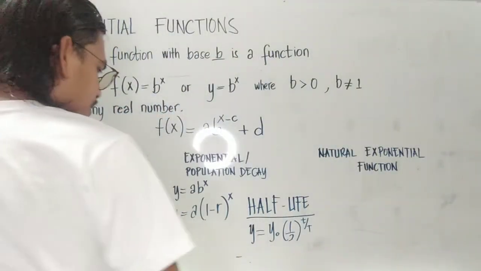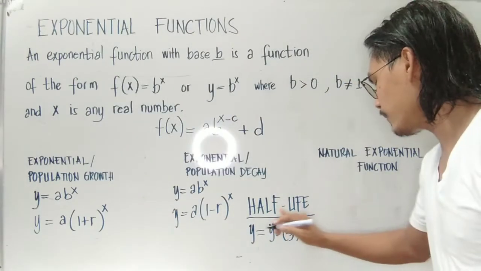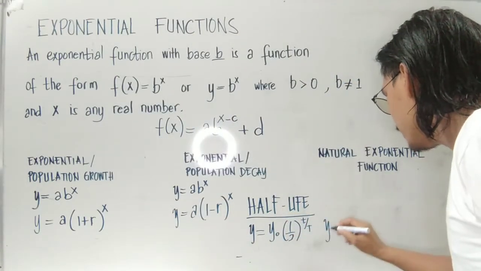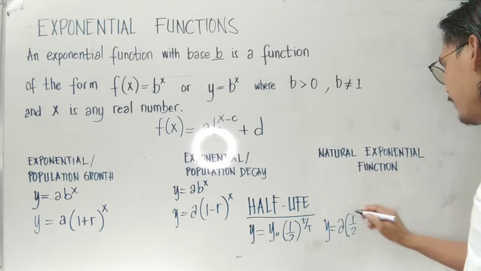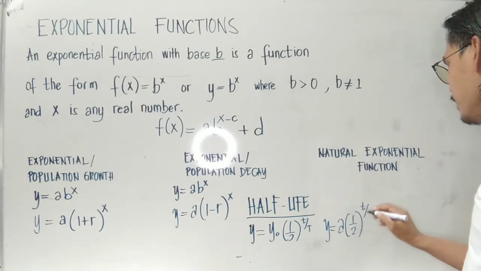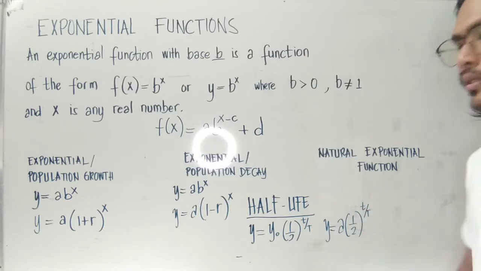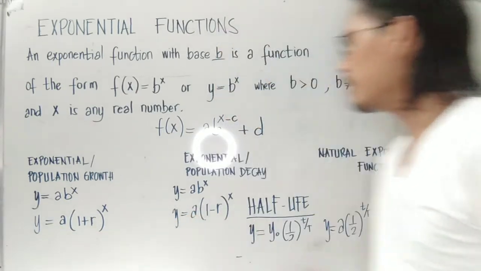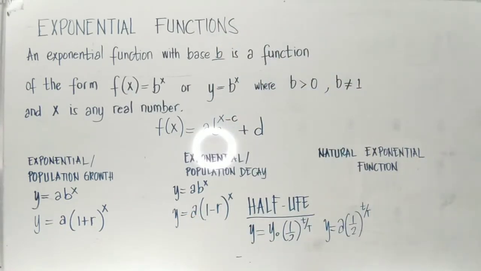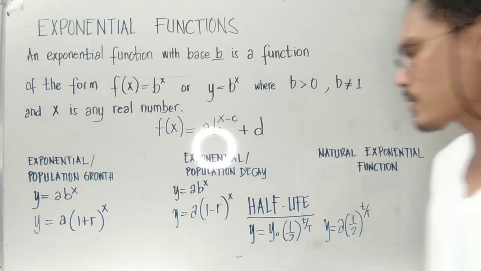Or in some cases, we can put this half-life formula into y equals a times 1/2, then we have p over t as an exponent. Here, a is your initial population. Later I will discuss it using examples.